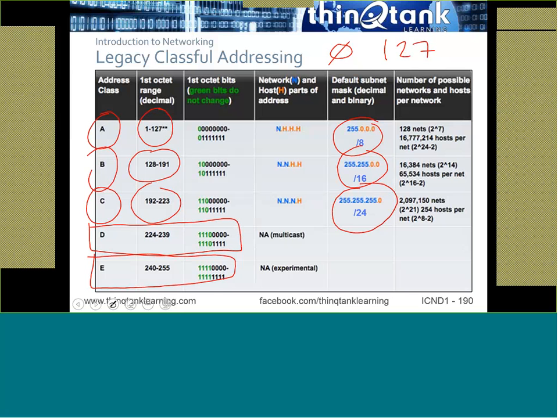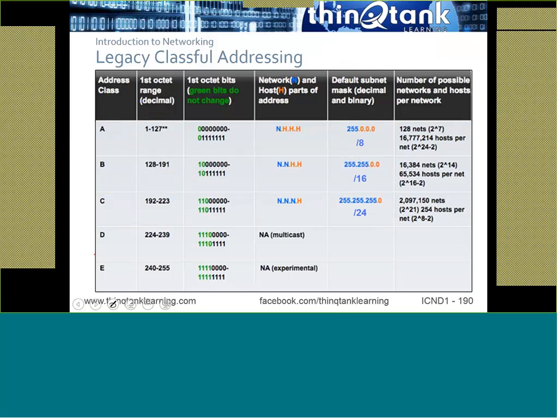What changed to get rid of this whole concept? What changed to allow us to get away from this classful concept? You'd be surprised. Routing protocols. Original routing protocols didn't send subnet mask information with routing updates.